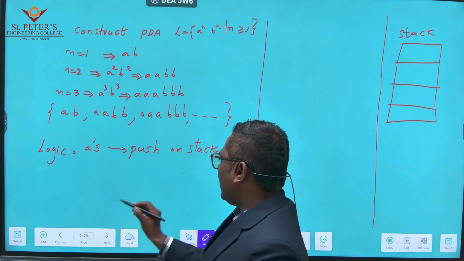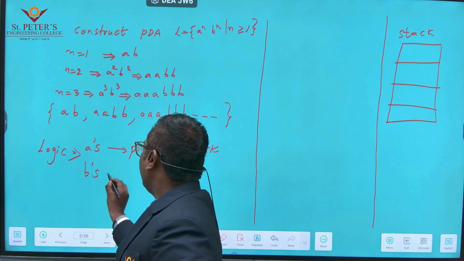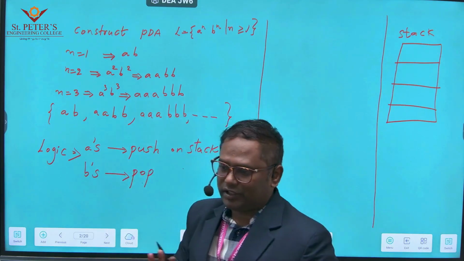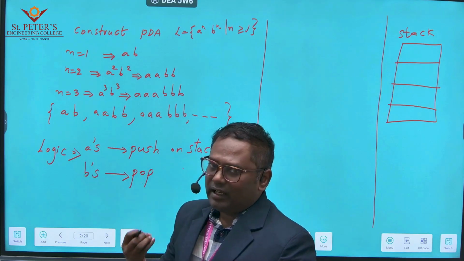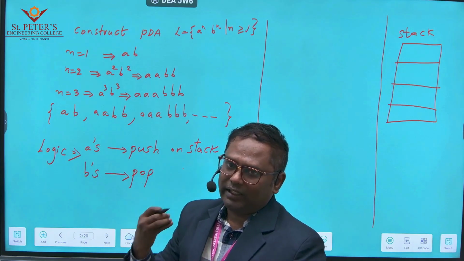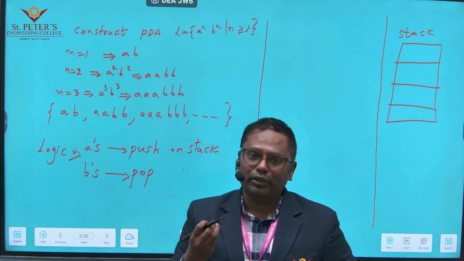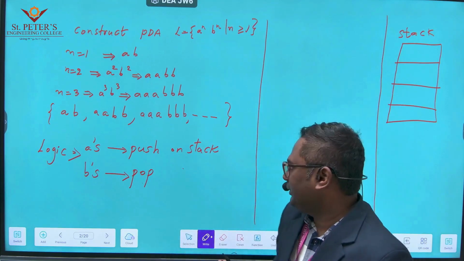If B's are encountered, I am going to pop the value of A from the top of stack. This is the logic I implement. When A's occur, I add those A's onto the stack. When B's occur, I pop the respective top of stack value A from the stack.